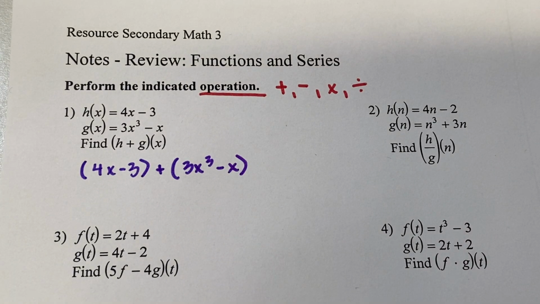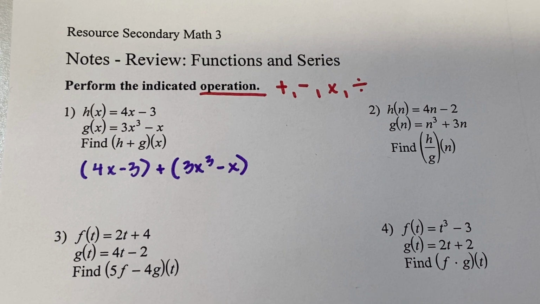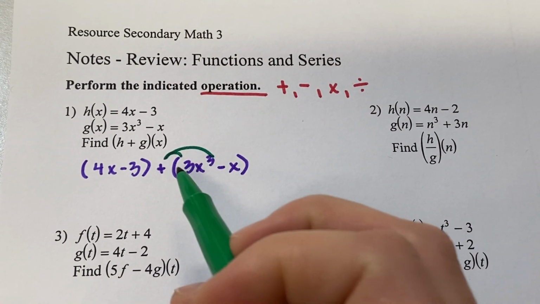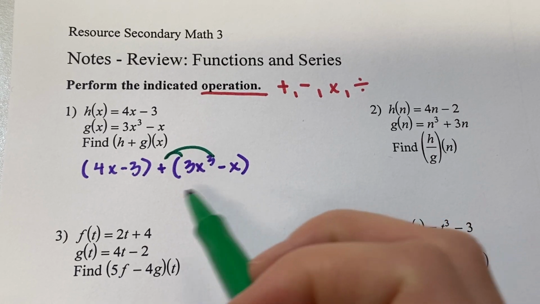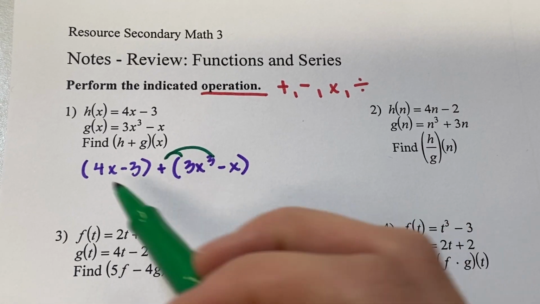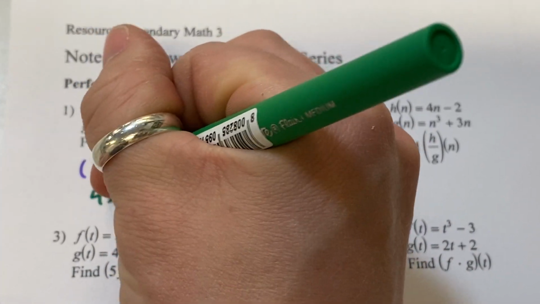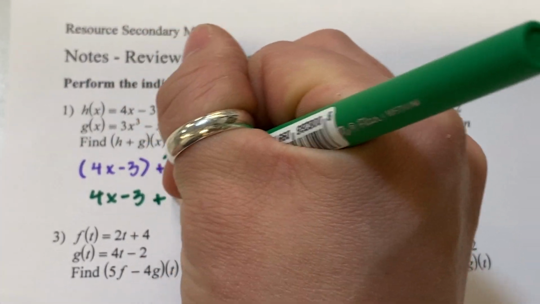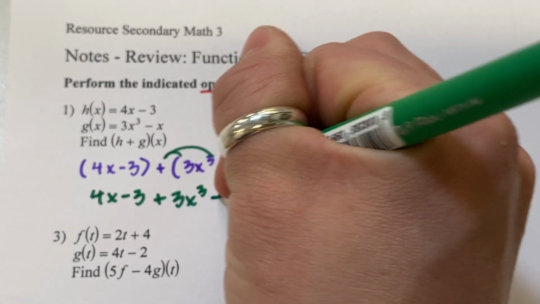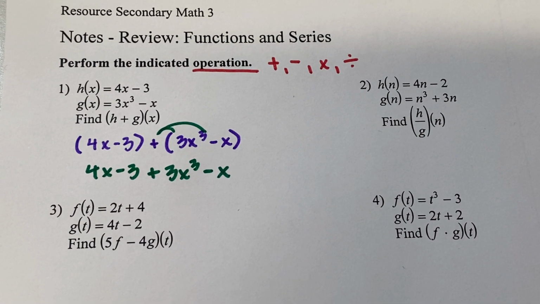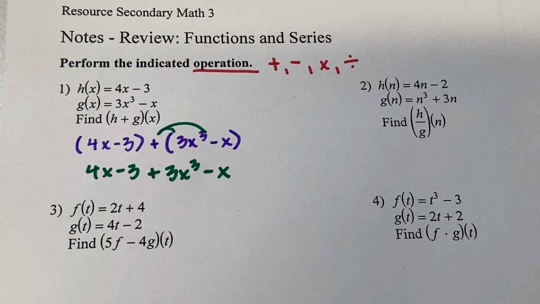With the addition sign in the middle, if you remember, that addition sign does not change the signs after it, so they stay the same. So I'm just going to rewrite this without my parentheses: 4x minus 3 plus 3x cubed minus x.